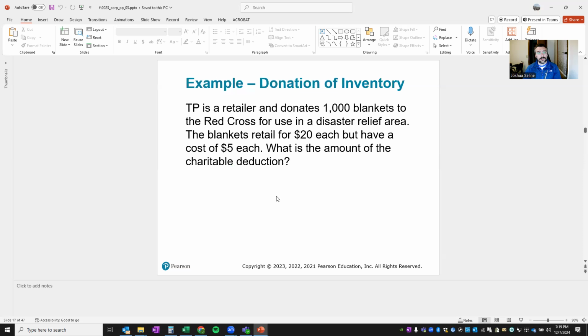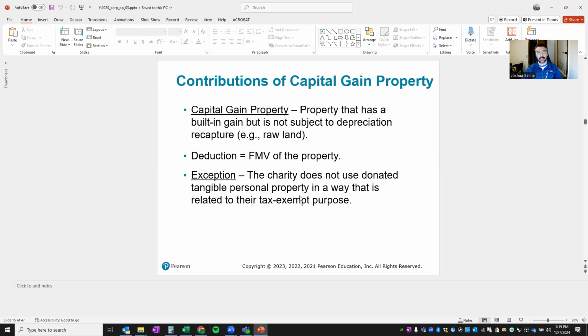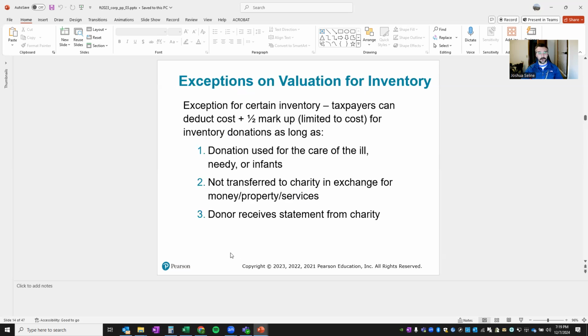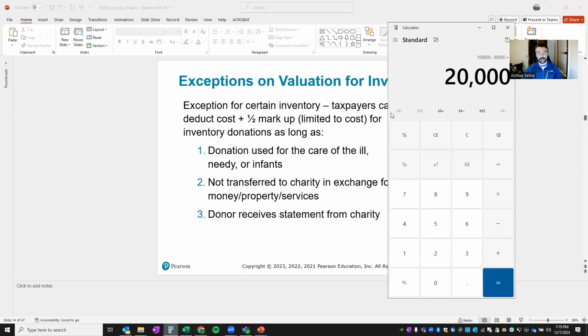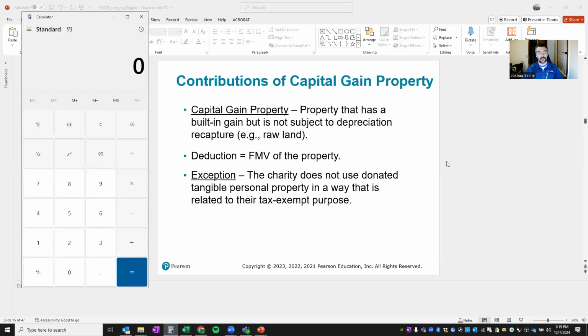So, donation of inventory example. Taxpayer is a retailer and donates 1,000 blankets to the Red Cross for use in the disaster area. The blankets retail for $20 each, but have a cost of $5 each. What is the amount of the charitable deduction? Here we go back to inventory. So they would have the 5,000, right?